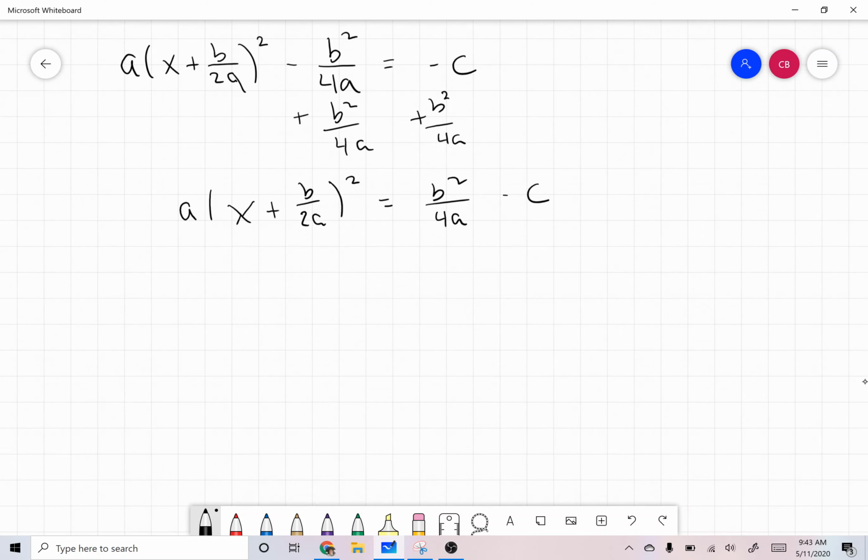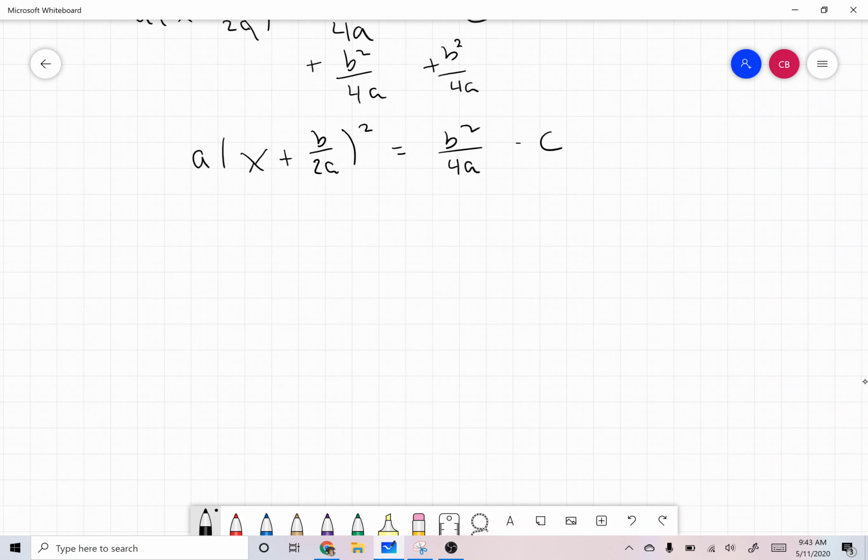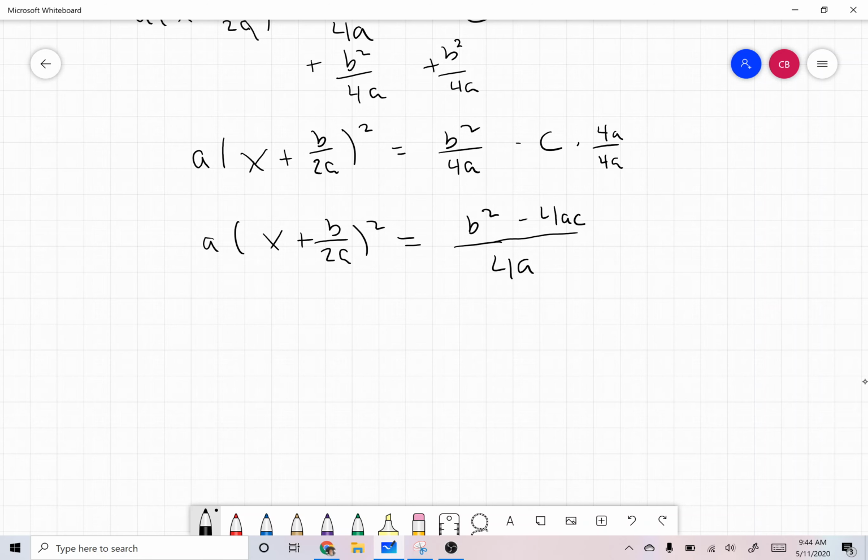Let's get a common denominator for that right side. The common denominator here is going to be 4a, so we have to multiply by 4a. Now we have a times x plus b over 2a squared is equal to b squared over 4a minus 4ac. Well, right, because the common denominator is 4a, so we have to multiply by 4a on top and bottom because this is 1. Okay, so that's taken care of.